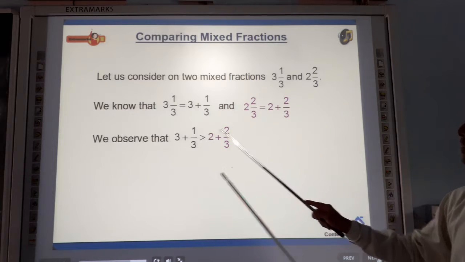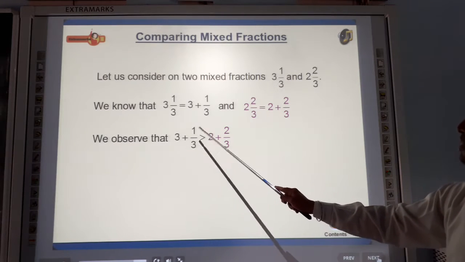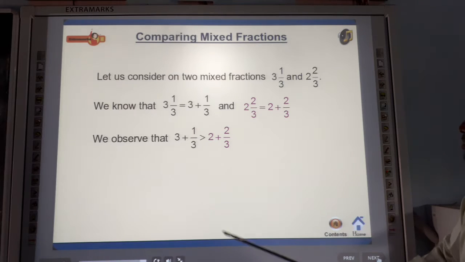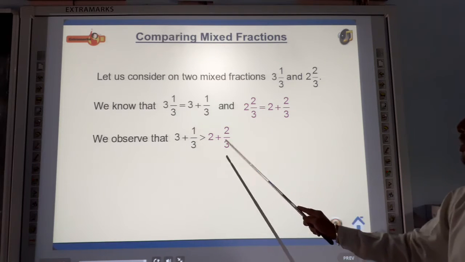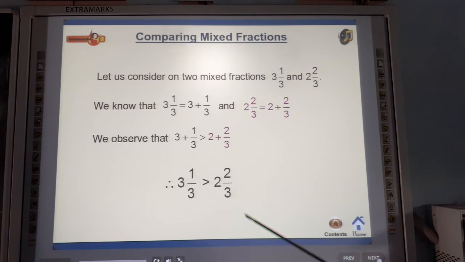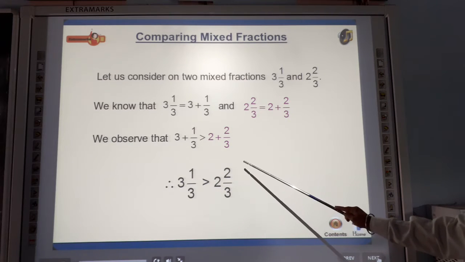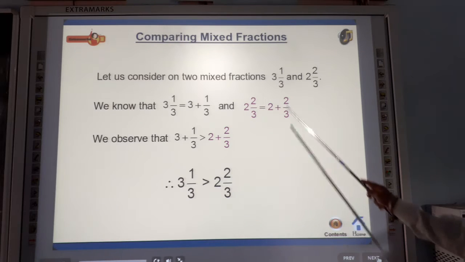We observe that 3 plus 1 upon 3 is greater than 2 plus 2 by 3 because 3 is the greater number and 2 is the smaller number. So 3 1 upon 3 is greater than 2 2 by 3.